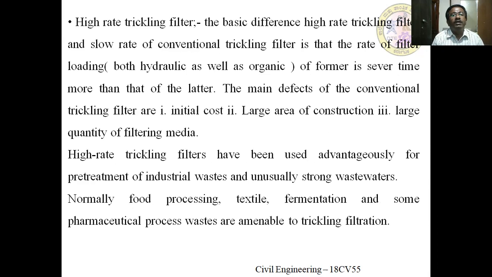The basic difference between the high rate trickling filter and the slow rate conventional trickling filter is that the rate of filtration loading, both hydraulic as well as organic, of the former is several times more than the latter. In the slow rate trickling filter the hydraulic loading is 1 to 4, but in the high rate trickling filter it is 10 to 40.